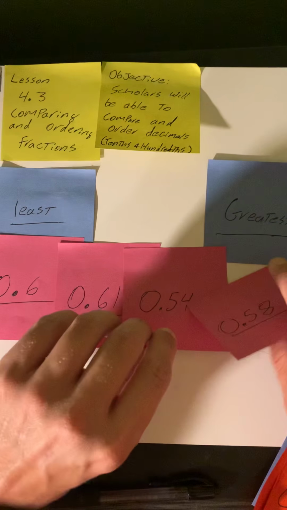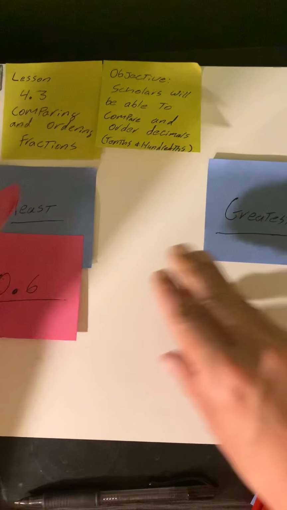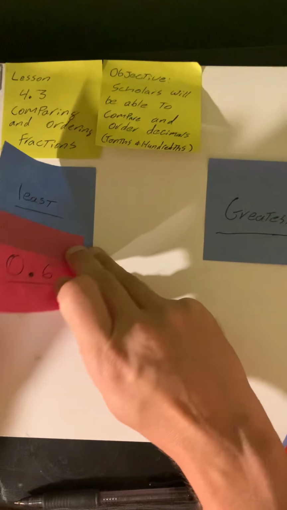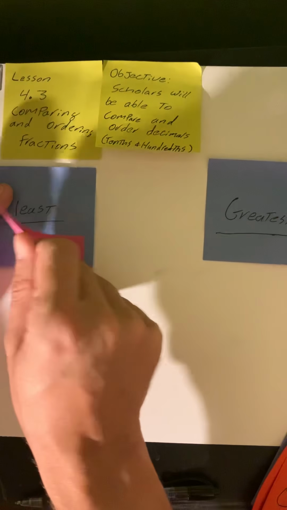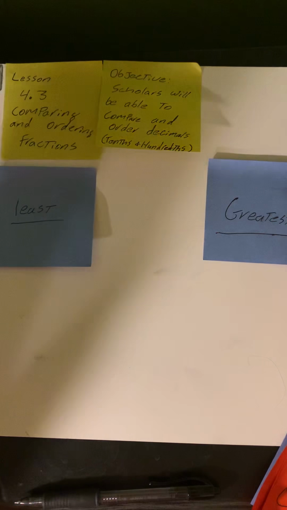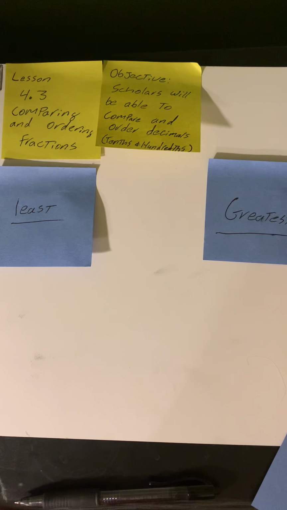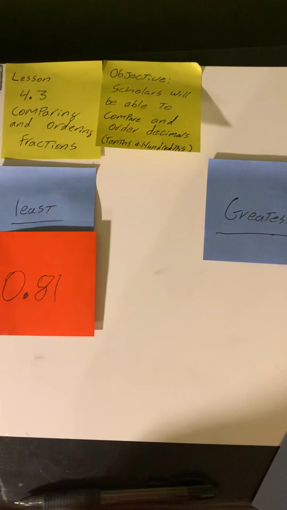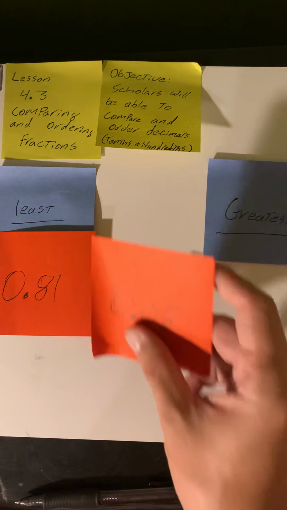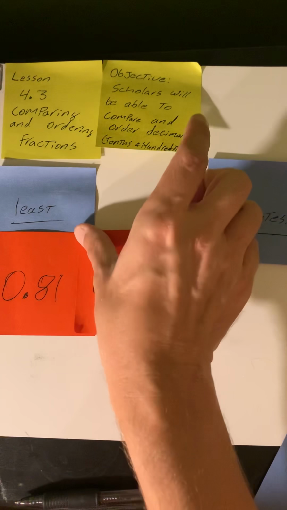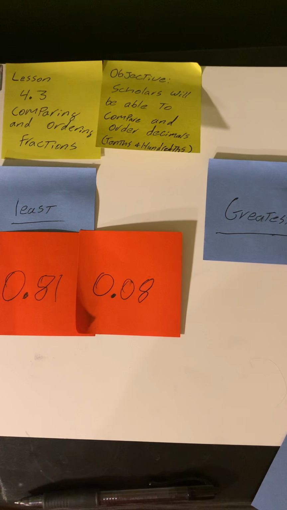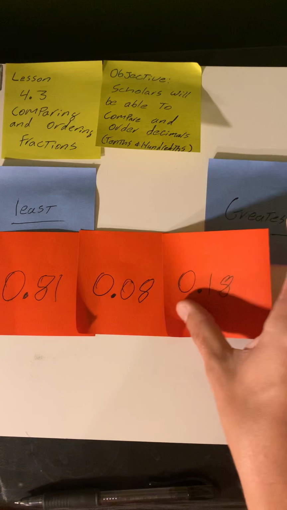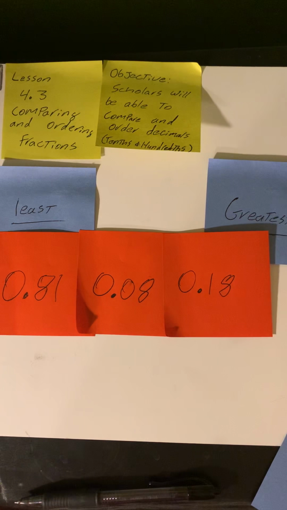All right, now I'm going to set up another number set that I want you to organize from least to greatest. First number is 81 hundredths, 8 hundredths, and 18 hundredths.